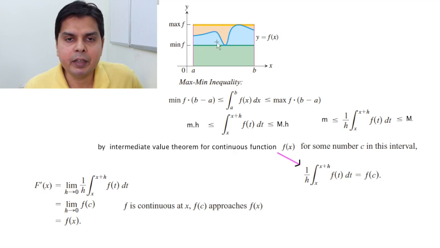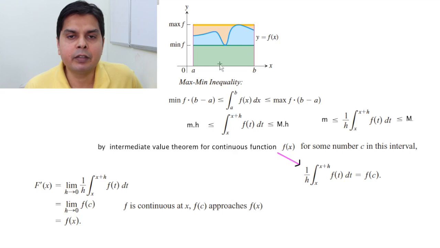But this exact area will have a lower bound, this one, because this is my lower approximation, and a higher bound, this yellow one, because this is the upper approximation of this area. You can just write that the minimum of f times (b minus a) will be less than or equal to the integral from a to b of f(x) dx, which will be less than the maximum value of f times (b minus a).